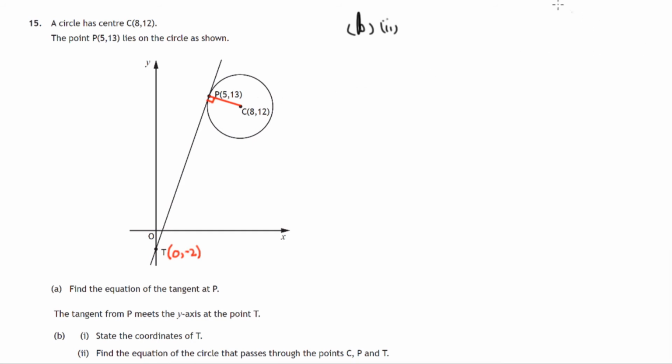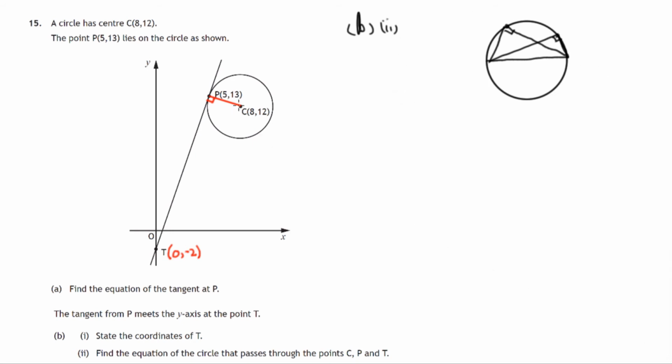Now, one of the properties of circles is that if we draw an angle in a semicircle, it will be a right angle. So in this case, since P is the right angle, CT is going to end up being the diameter of the circle that we're after.